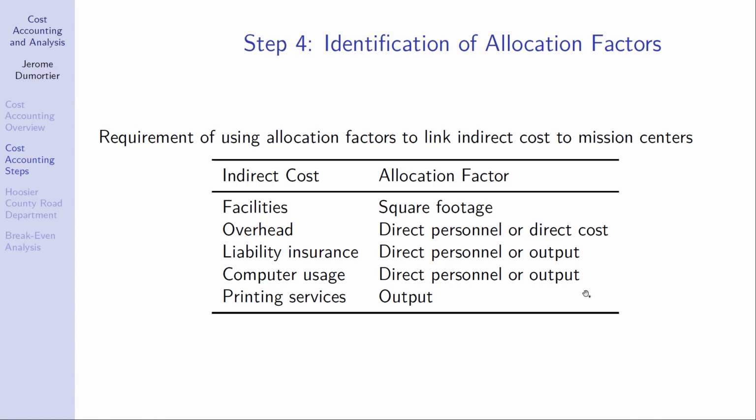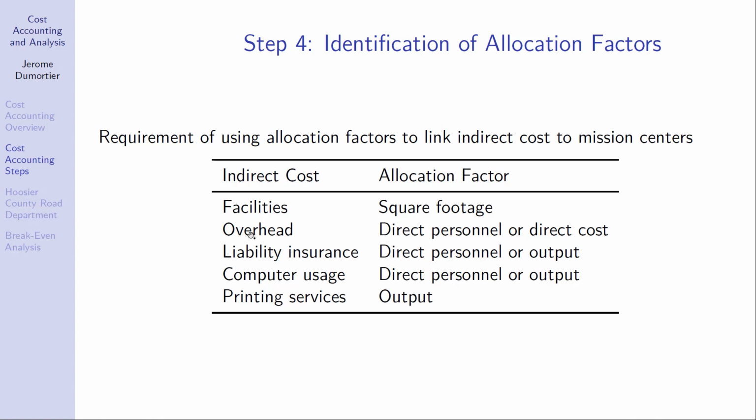Think about the indirect cost of, say, the head of the department. That would be the overhead, and then you could theoretically link that position based on the full-time employees that are associated with that director's position.